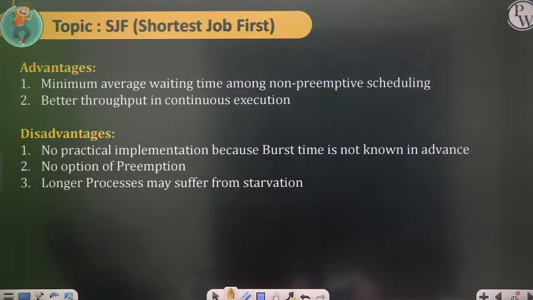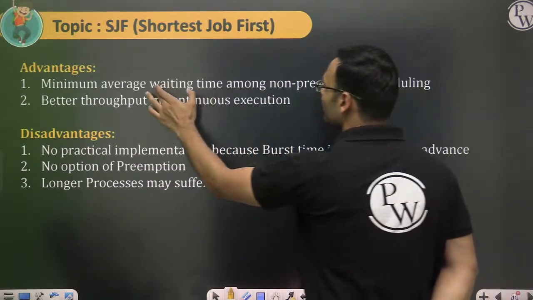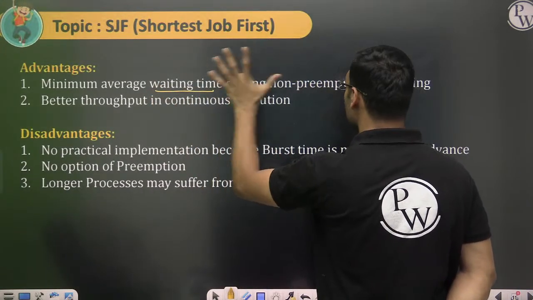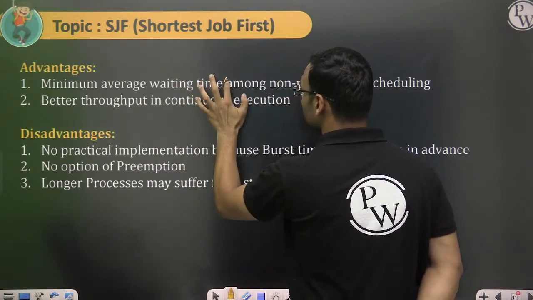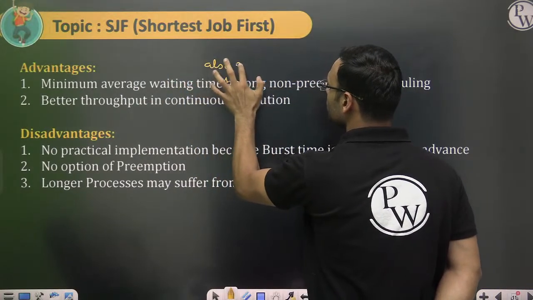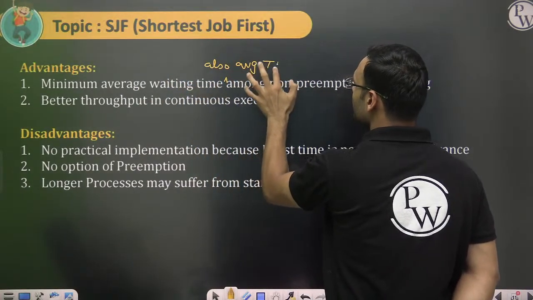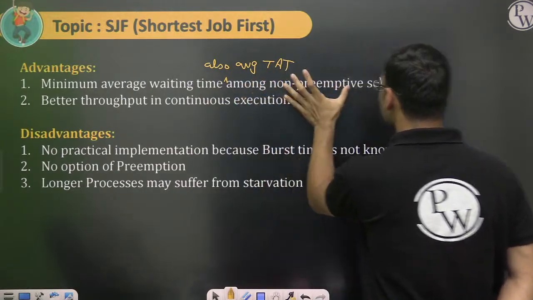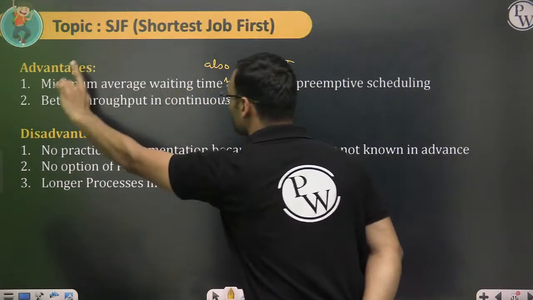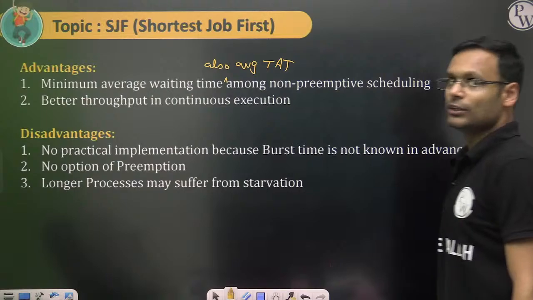So the benchmark is something like average waiting time and average turnaround time, both. Among all the non-preemptive algorithms, this SJF provides minimum values.